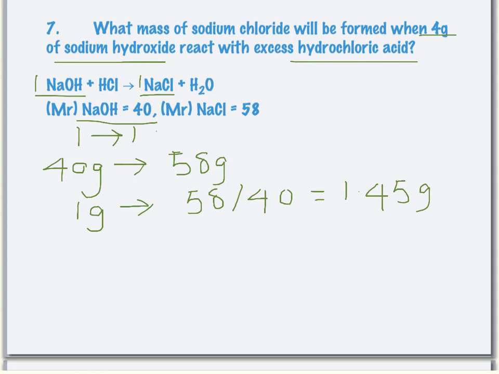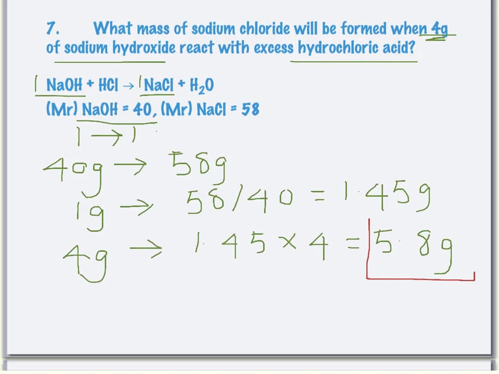And we were asked originally how much 4 grams will make. So 4 grams will make 1.45 times 4, which is the equivalent of 5.8 grams of sodium chloride.